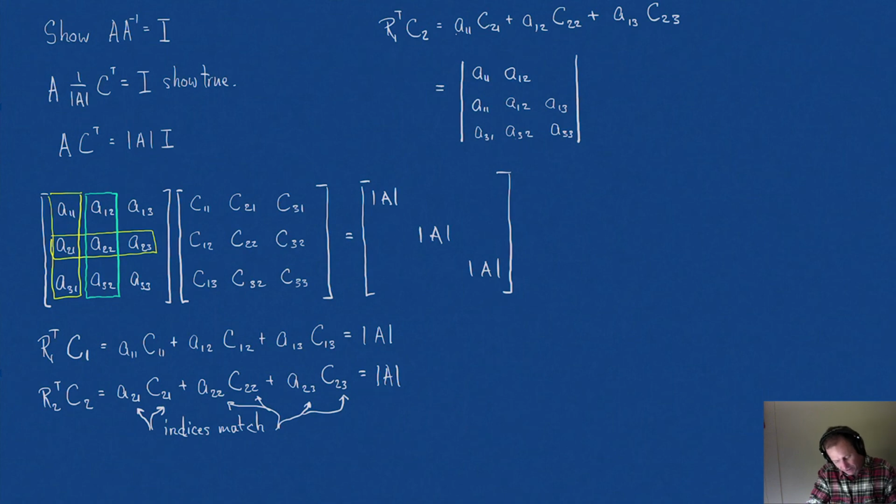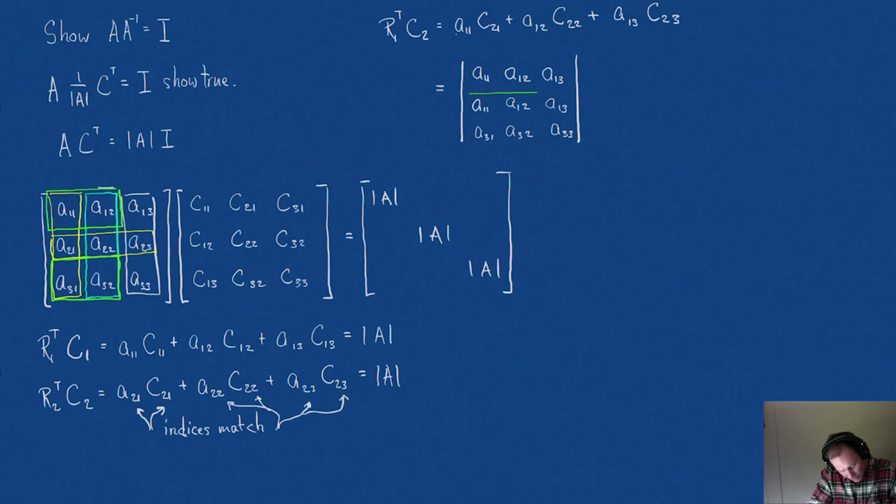And finally, our last one is A13 times the 2, 3 cofactor matrix, which would be row 2, column 3 covered up. So that would mean the cofactor matrix would be A11, A12, and then with the determinant, and then A31, A32.